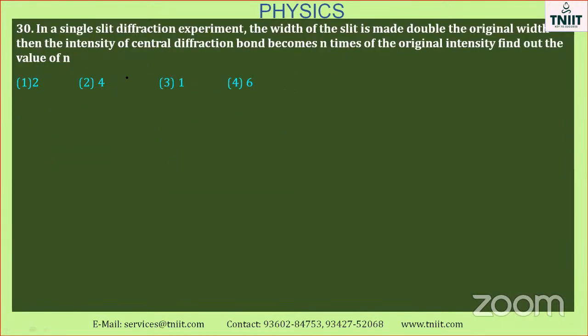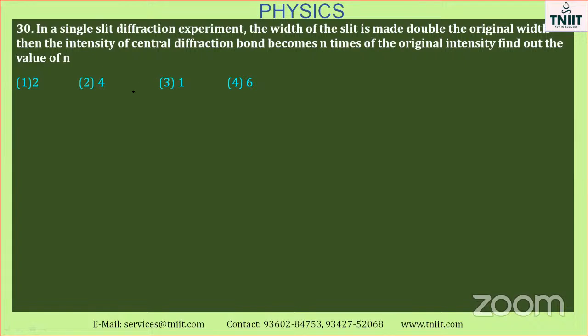In a single slit diffraction experiment, the width of the slit is made double the original. And the intensity of the central diffraction band becomes n times the original intensity. Find out the value of n.